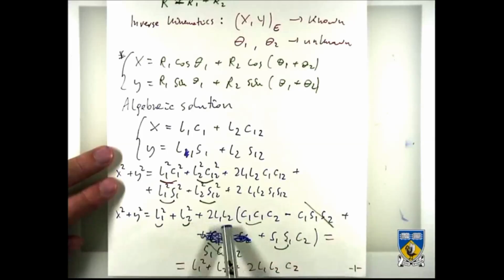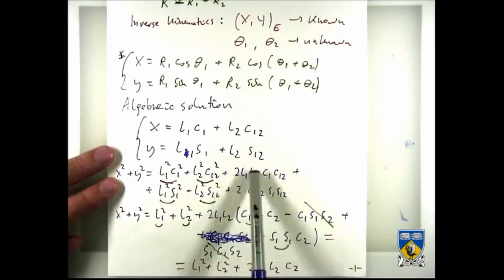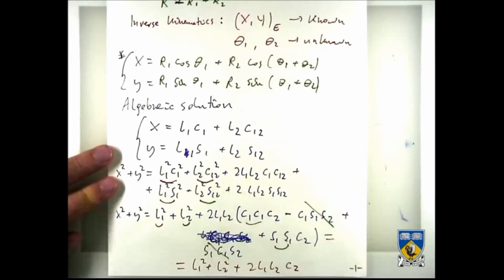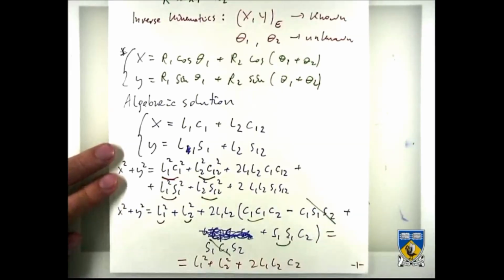So 2L1L2, which is this guy, plus, in brackets, stuff that comes out from expanding the cosine of a sum of angles and sine of a sum of angles. And if you do this, you get lucky, because this guy cancels out with this guy, and this guy, again, sine squared plus cosine squared is 1. So you get this very simple expression in the end.